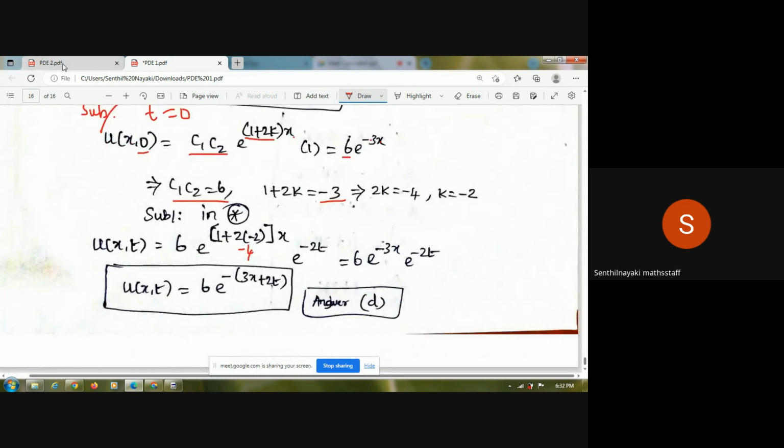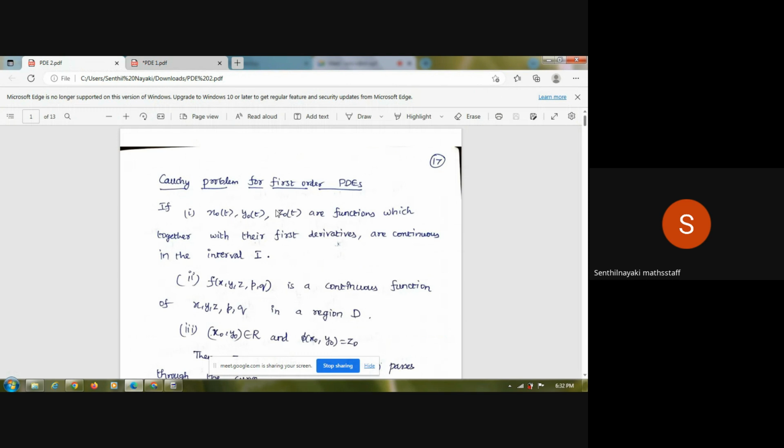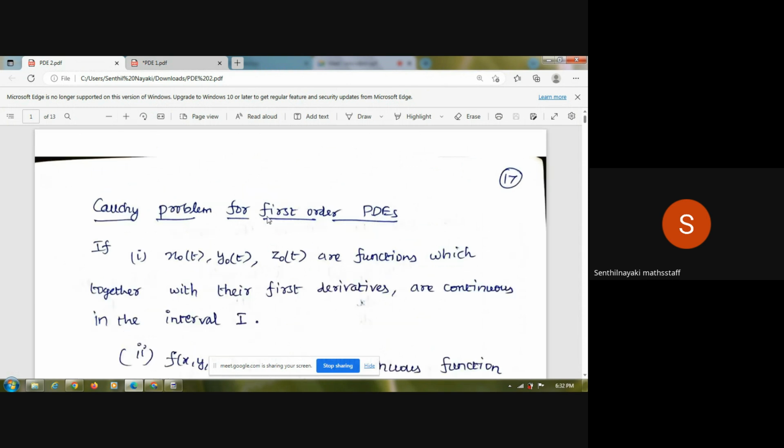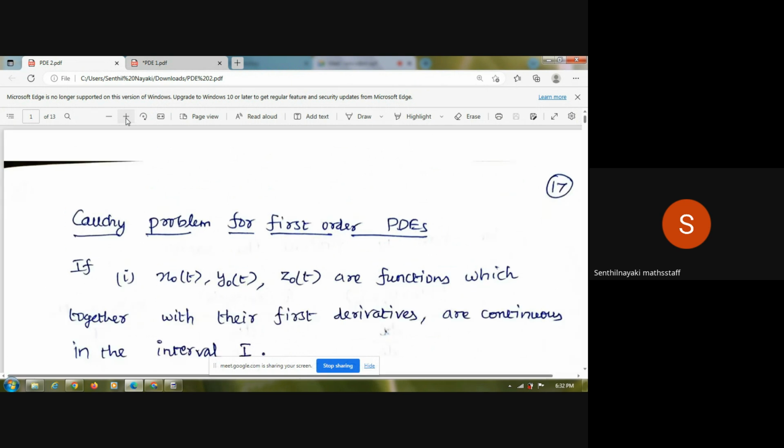Okay. Next, already in the first order PDE, in the last class, we have discussed Lagrange's linear partial differential equation and its solution procedure.